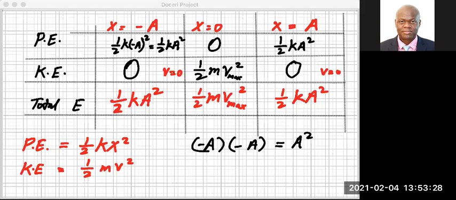The principle of conservation of energy is a universally established law. It's been verified experimentally. So energy cannot be created or destroyed. So based on that argument, the total energy at the amplitude, which is 1/2 ka squared, must equal the maximum kinetic energy, which is the total energy at equilibrium.